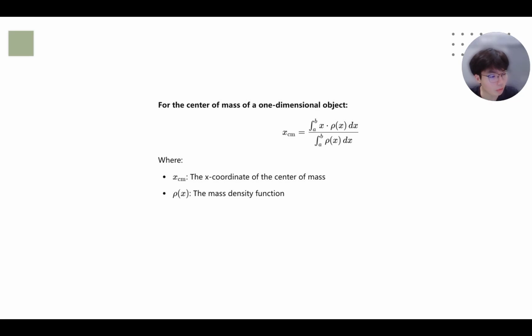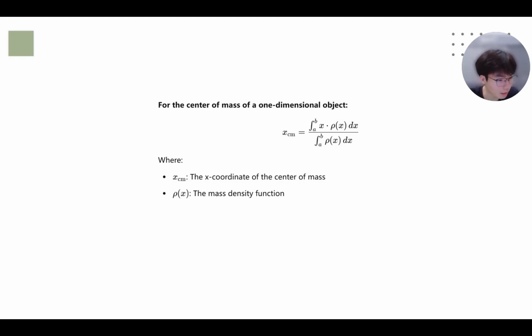Then, the center of mass. The center of mass is often referred to as the balance point of an object's mass distribution. It is the weighted average position of all the mass in an object. Imagine trying to balance a ruler on your finger.